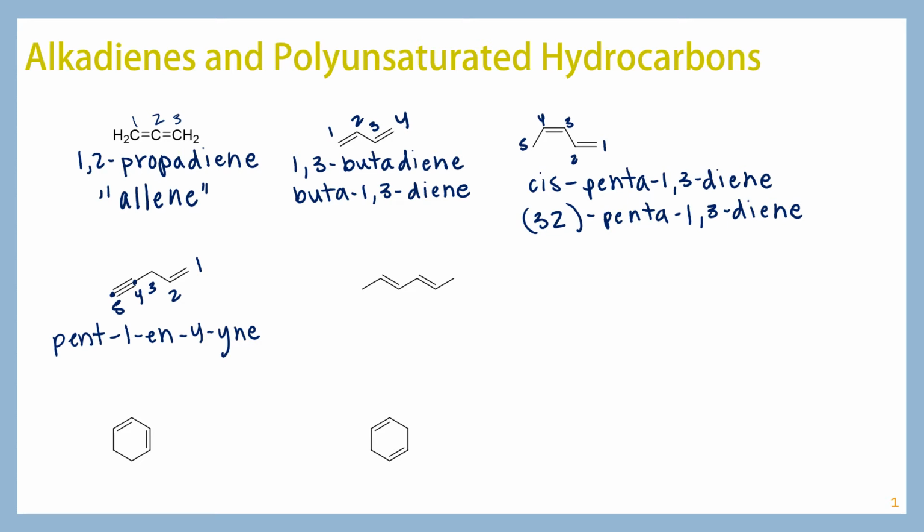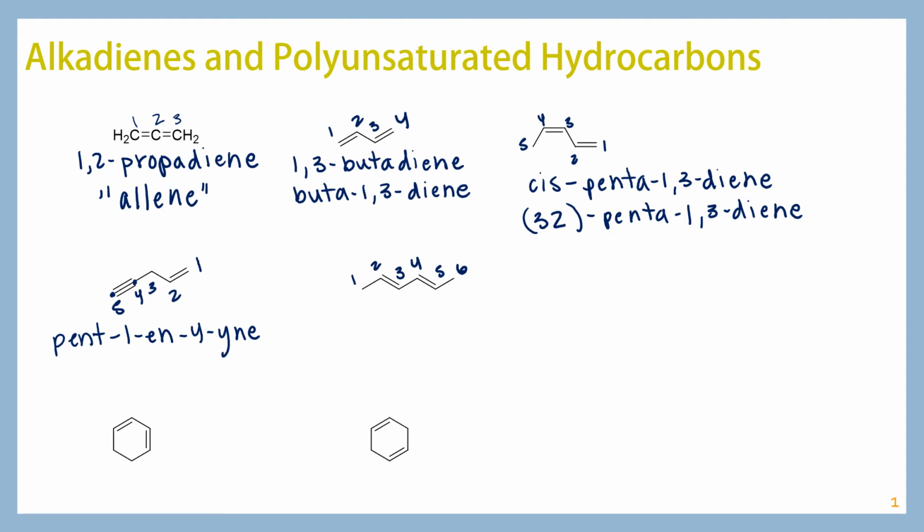In the next one, it doesn't matter which side we start numbering from because the alkenes start in the same place no matter what. This one we also are going to need to indicate directionality.